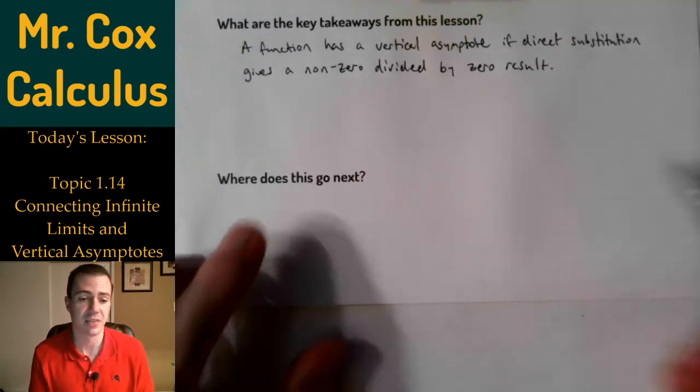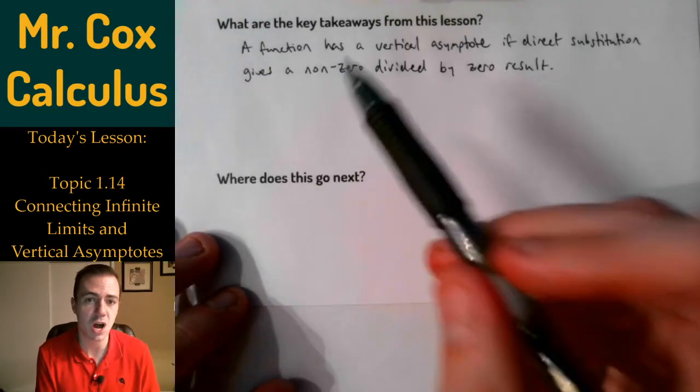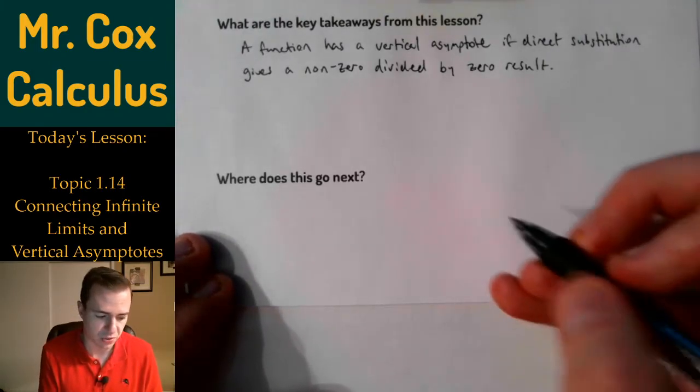That's an automatic thing. If you take the value in and you substitute it in and you get some non-zero divided by 0 result, that tells you there's a vertical asymptote there.